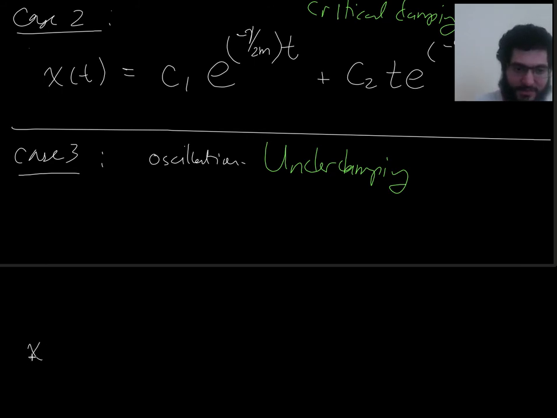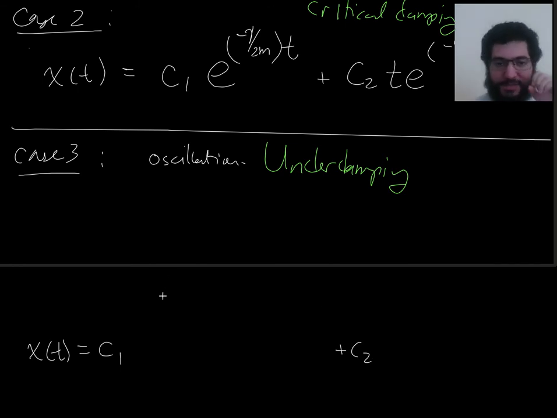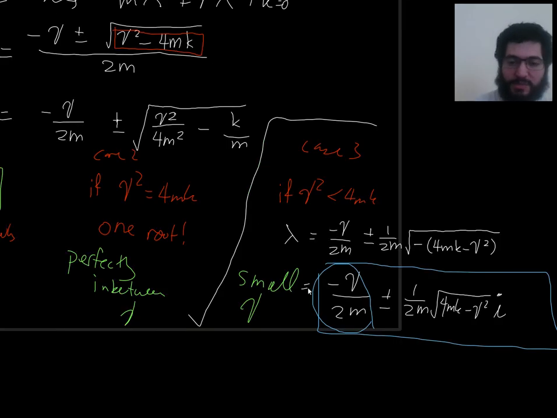So I'll give you the general solution at the end. x of t equals c1 times something plus c2 times something. But to get those somethings, what do we do? We take one of the complex solutions, and then we take the real and imaginary parts, and those will give us two linearly independent real solutions that we can stick here. So what's one of the complex solutions? It'll be e to this thing times t.